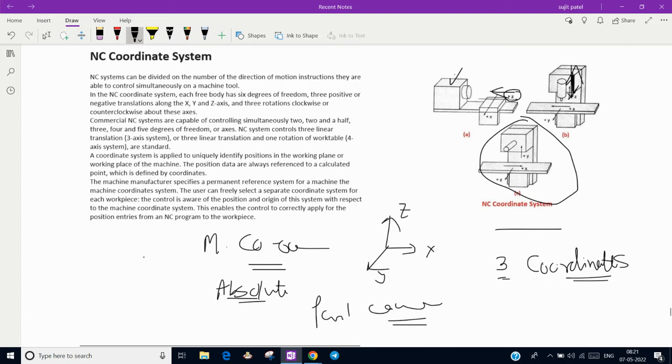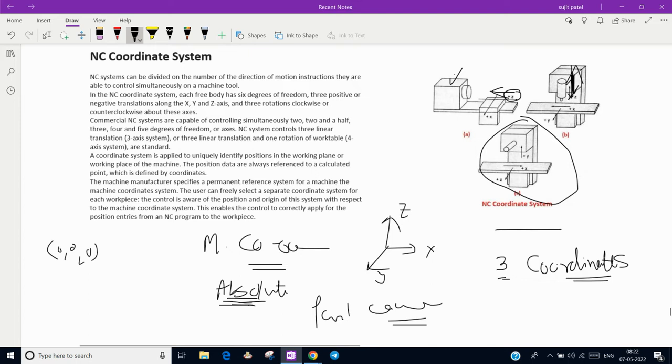The machine coordinate system represents the 0 0 coordinate, then 10 mm, 20 mm. It shows where the machine is taking the zero. The absolute coordinate is what you use in programming, when the program asks for the coordinates x, y, z.